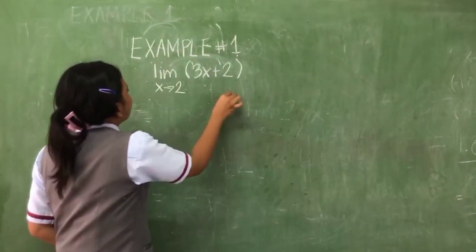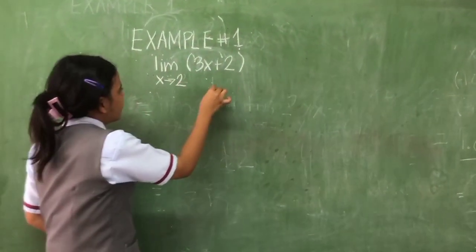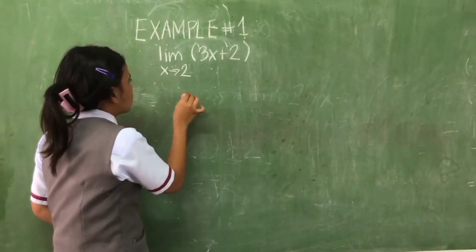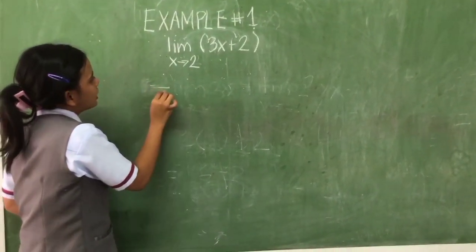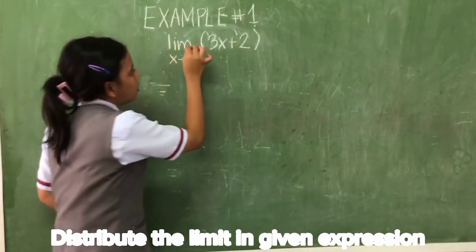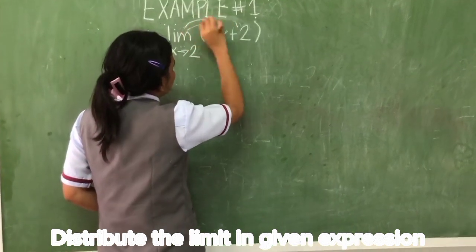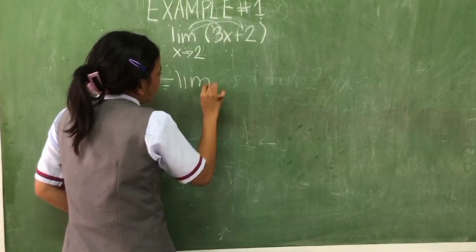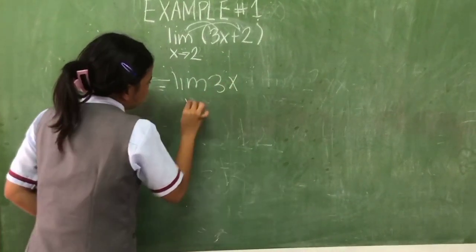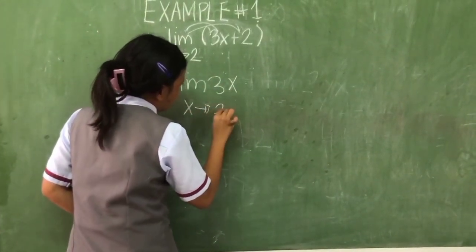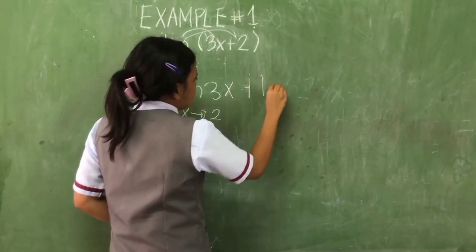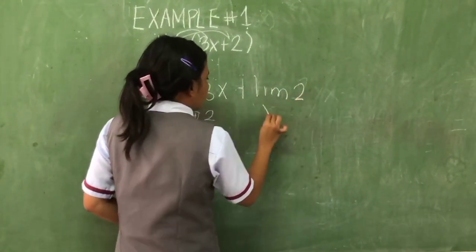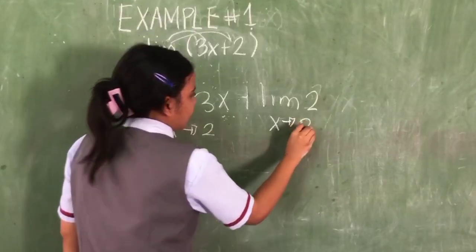Example number 1. Limit of 3x plus 2 as x approaches 2. Unang gagawin na step, didistribute ang limit sa given expression. Is equal to limit 3x as x approaches 2 plus limit 2 as x approaches 2.